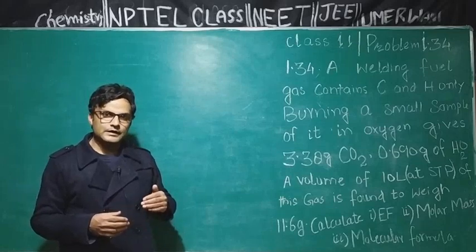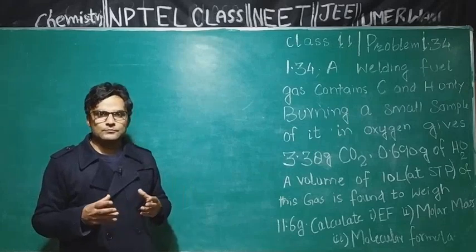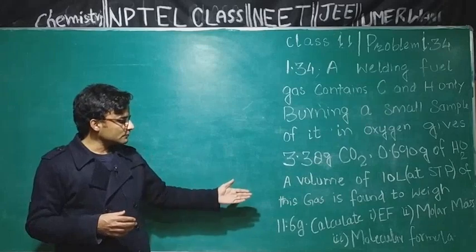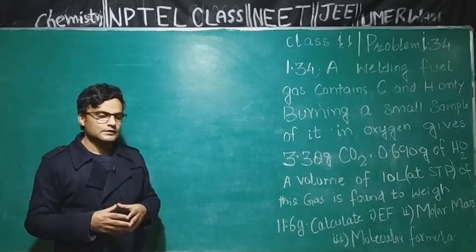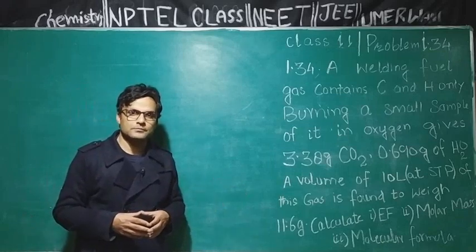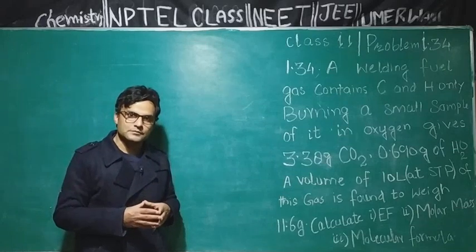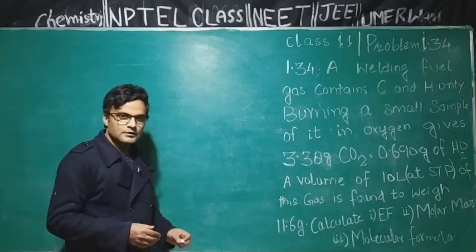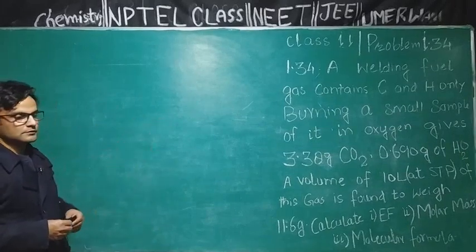I will use the idea that 1 mole of gas at STP will occupy volume of 22.4 liters. Using this idea, I will be able to find molar mass of this gas, and then at last I will find its molecular formula by evaluating the common factor and then multiplying the empirical formula by the common factor in order to get the molecular formula. Now I will practice all these ideas in order to solve this numerical problem.